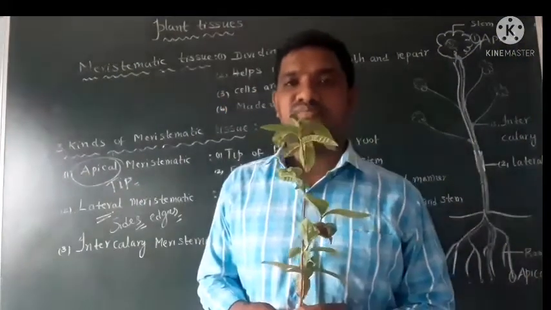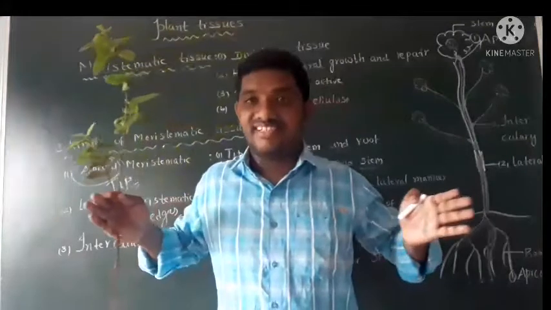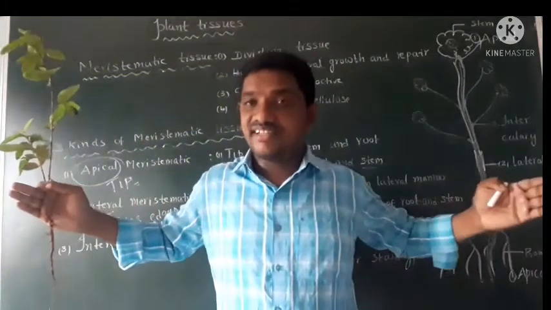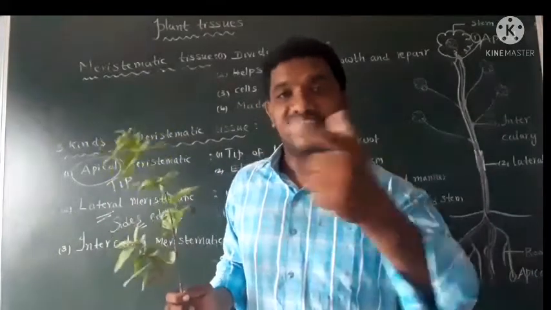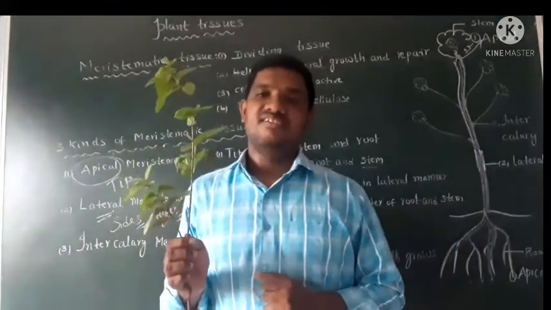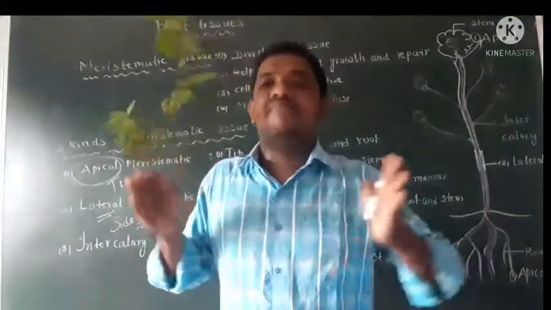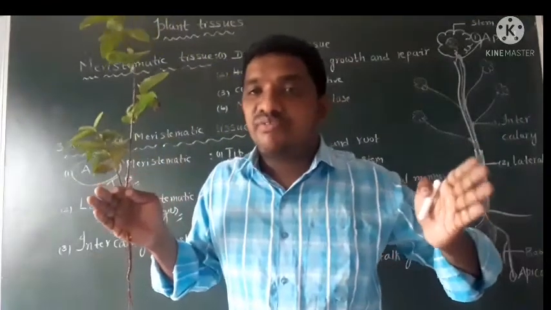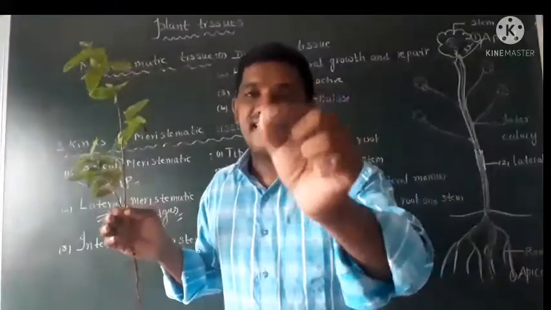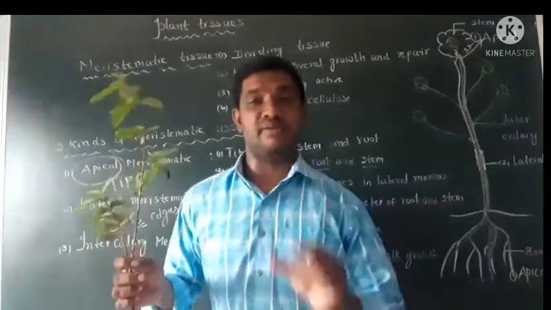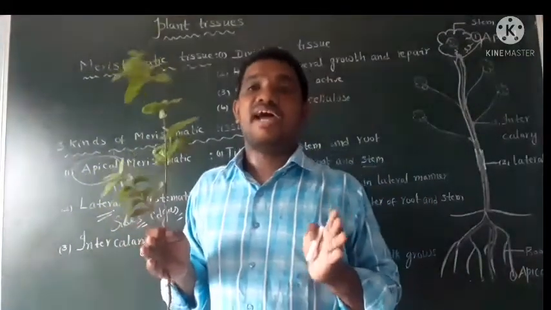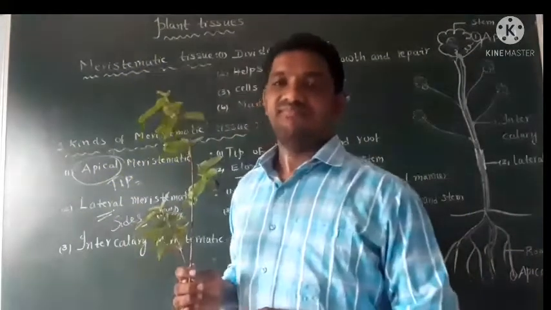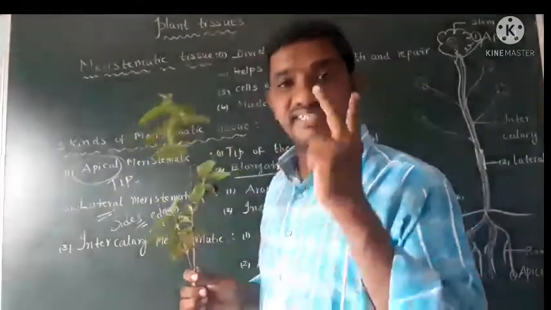Some plants are growing horizontally, at the edges and in a lateral manner. It becomes very thick. If it is present in a lateral manner, those types of tissues are called lateral meristematic tissues. Simply keep in mind, these are present at the edges of the plant body. That is the second type.